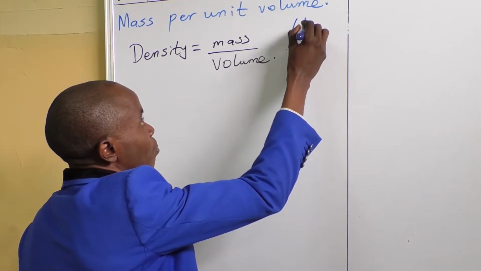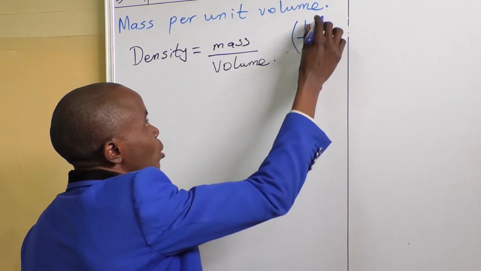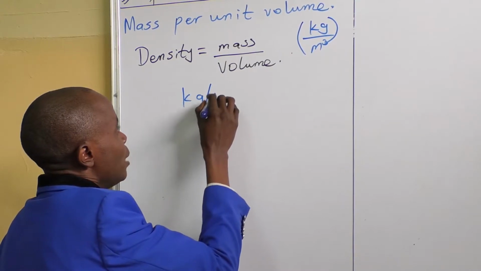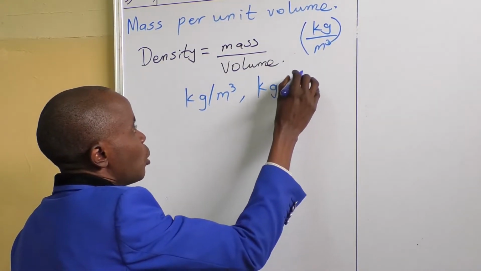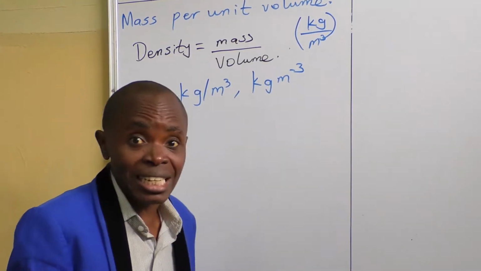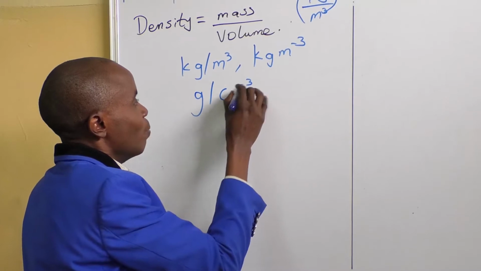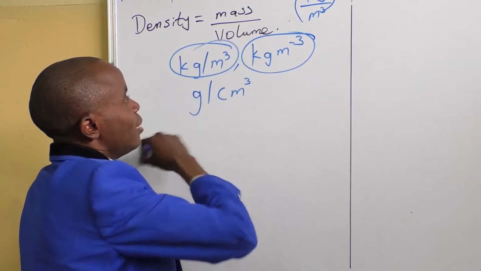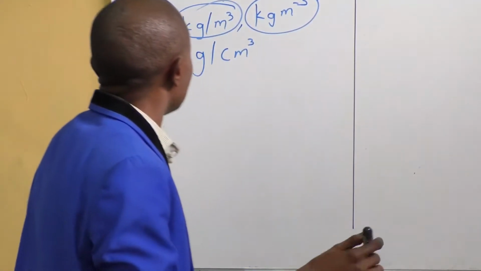That is kilogram, kg. For volume, the SI unit is meter cube. So the unit for density, therefore, is kilogram per meter cube, also written as kg m to the power minus 3. In some instances, it may be in gram per cm cube, but the SI units are written in either of these two ways.